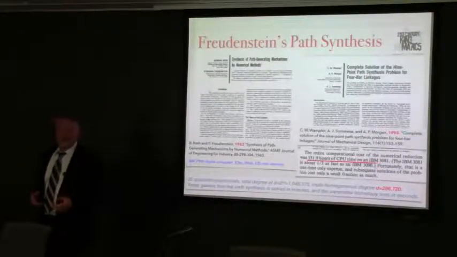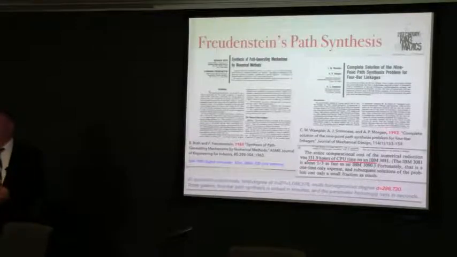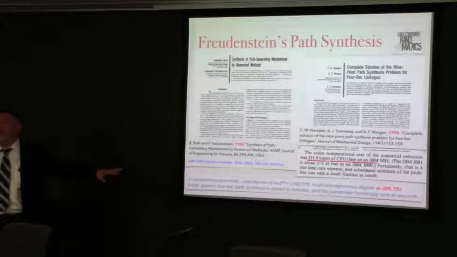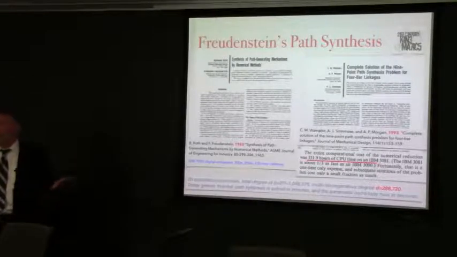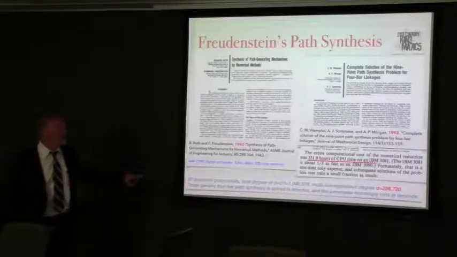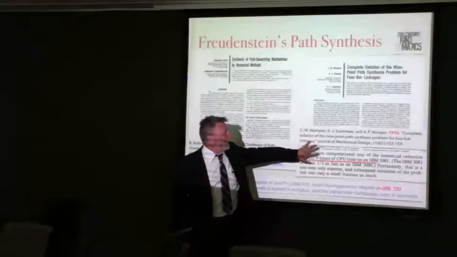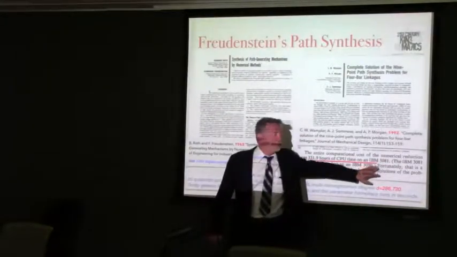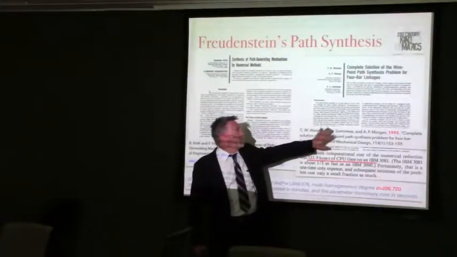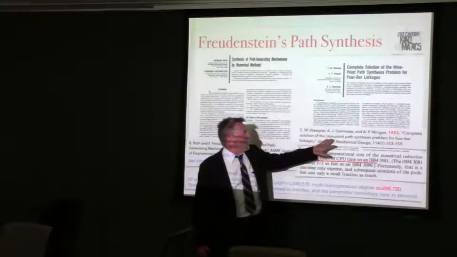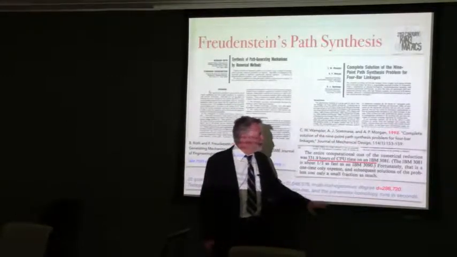This was the challenge that we were working on in those days. It's really astonishing when you compare the computational power that we have today to bring to bear on these problems. Even back in 1992, they were working on an IBM 3081. They formulated the 9-point path synthesis problem for a 4-bar linkage.